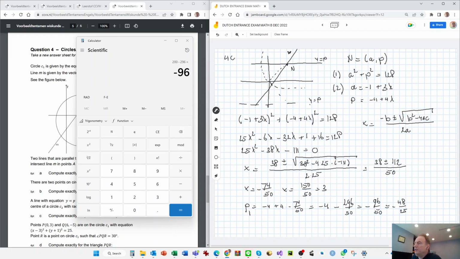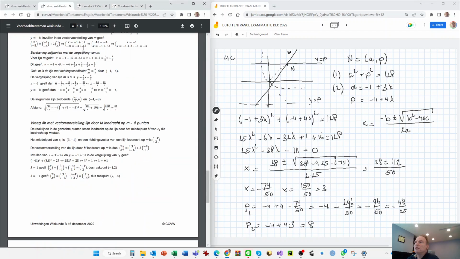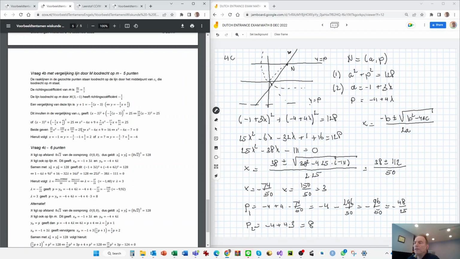So let's say our P1, and then our P2 is simpler. That is just minus 4 plus 4 times 3 is 8. And if all is well, actually, it's not correct.